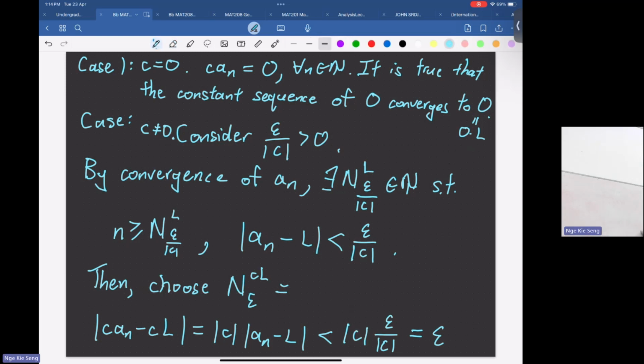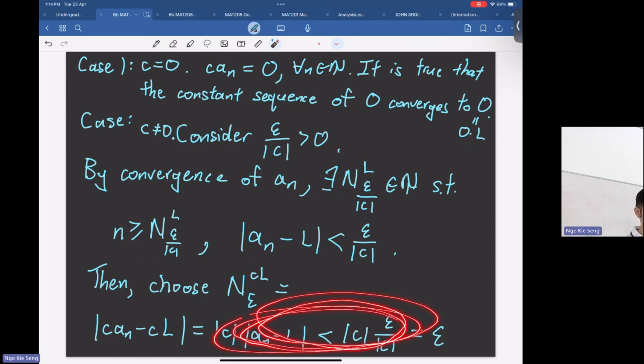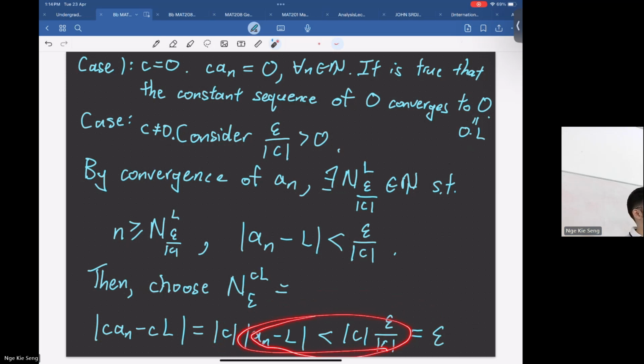So you need to find a capital N such that this inequality works.